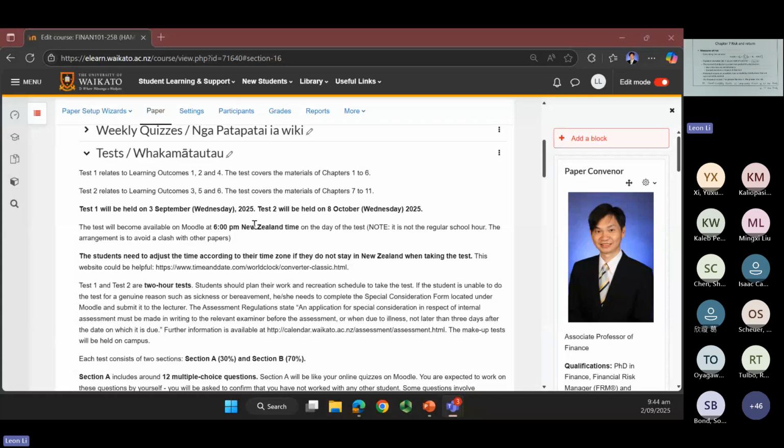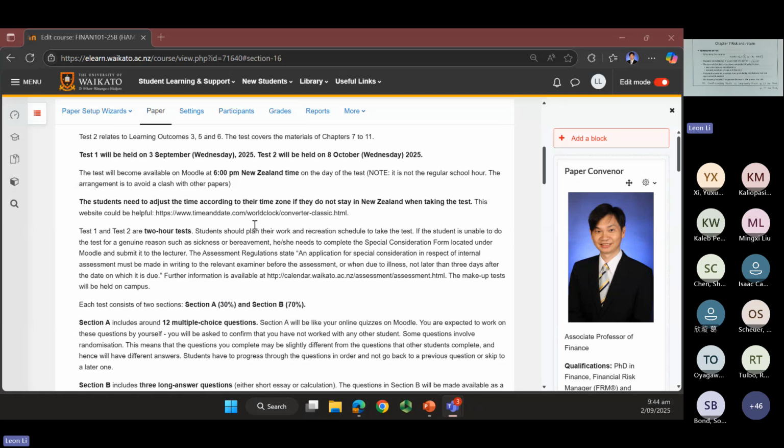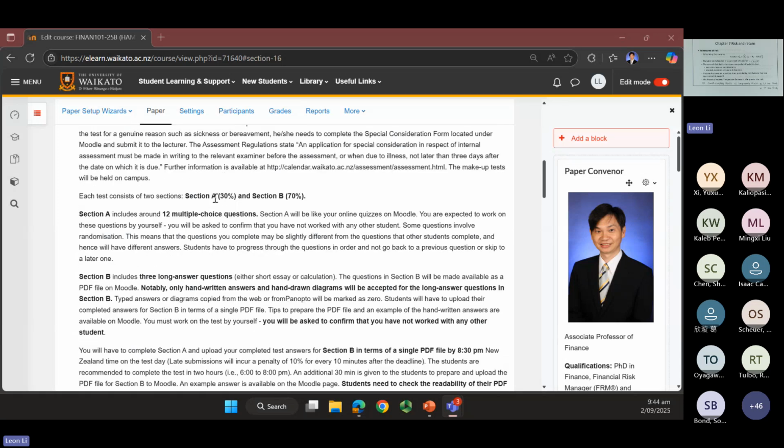Please know the time. And section A should be okay. Section A will have 12 multiple choice questions, but please pay attention to section B. We will have 3 long answer questions. So you need to handwrite your answer.